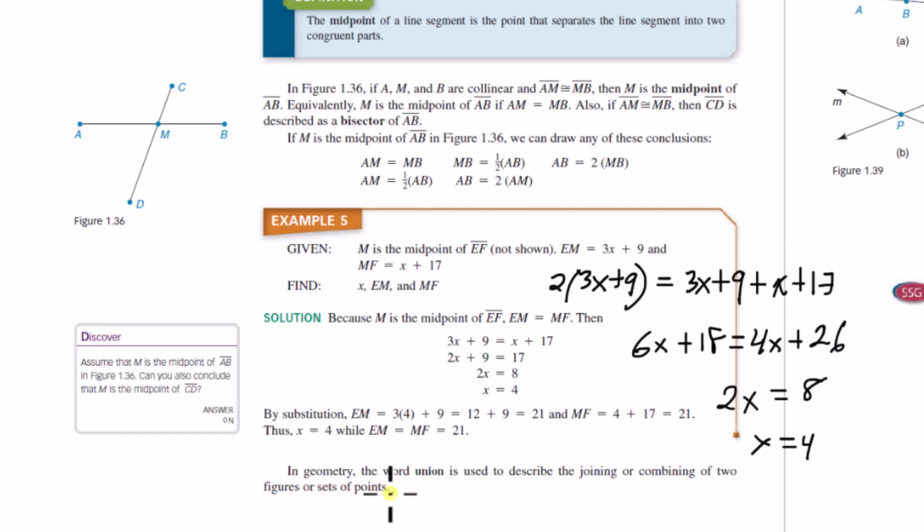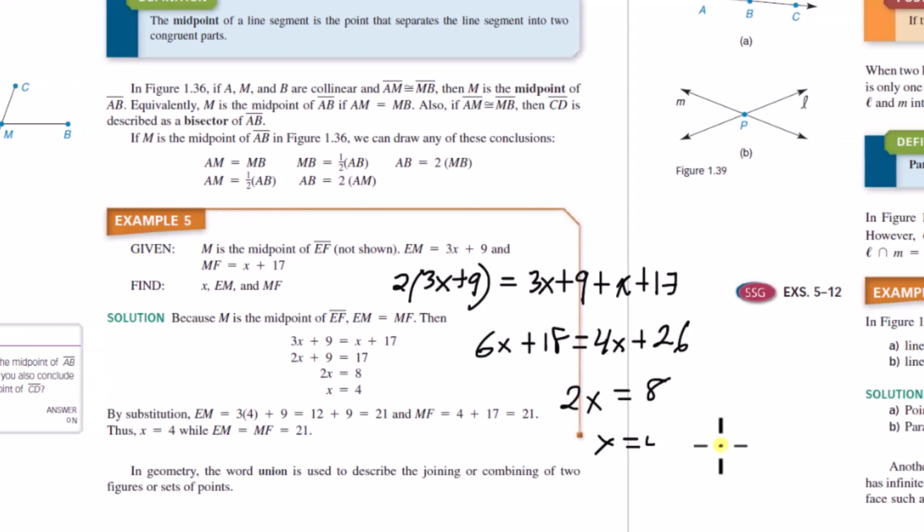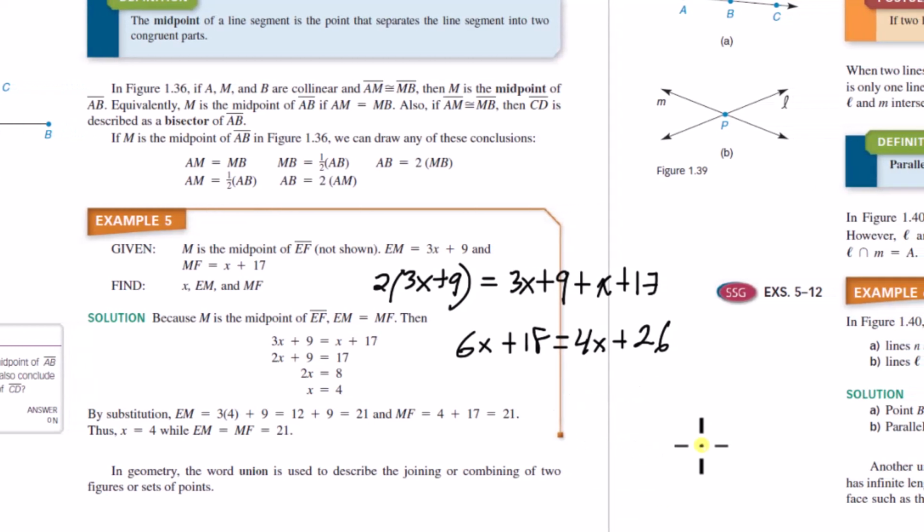In geometry, the word union is used to describe the joining or combining of two figures or sets of points. We talked about this in algebra, but we're viewing figures this way as well in postulates and definitions, from the perspective of set notation.